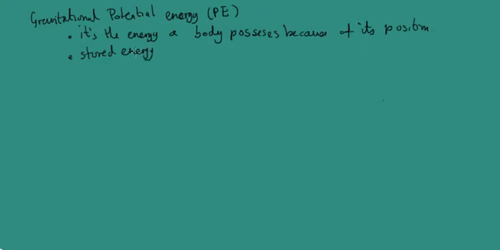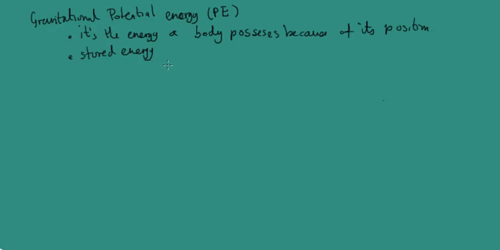Now, often people will just refer to it as the potential energy and not the gravitational potential energy. That's strictly not 100% accurate, because there are different types of potential energy which aren't necessarily due to the position of the object. For example, the energy stored in a spring under tension is a type of potential energy, but it doesn't matter the position of that spring.